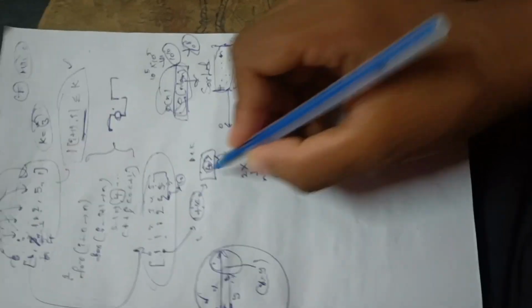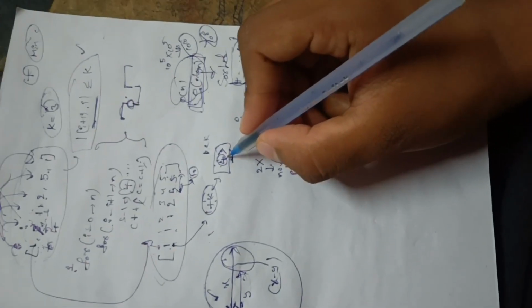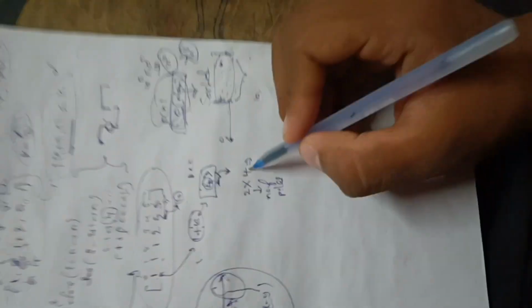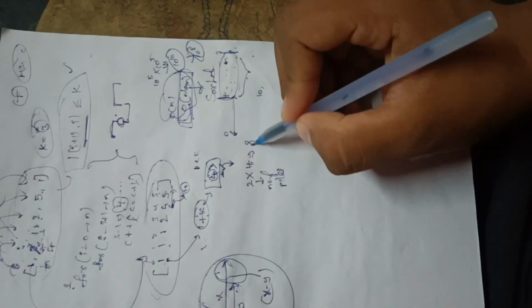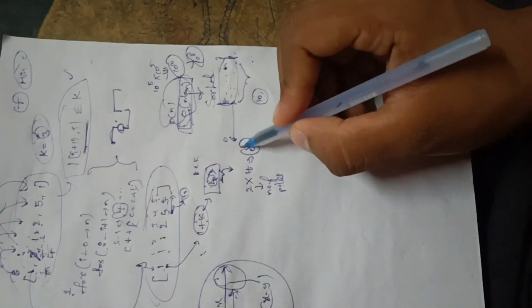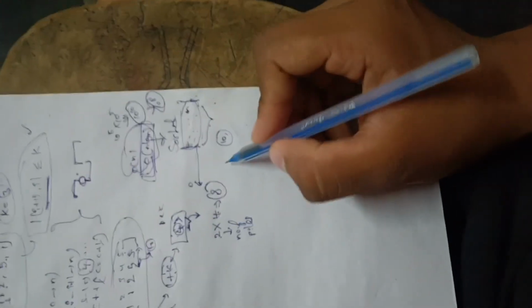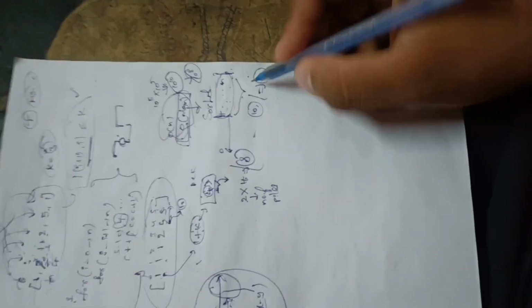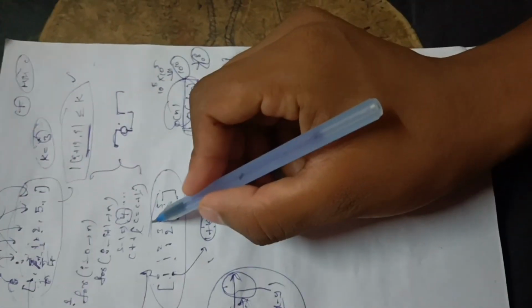Up to how many coins makes the thing satisfied? 4 for each, so 8, but I'm having 10 coins. I need only 8 coins. So how many coins do I have to remove? Simply subtract, you will get 2 coins. So in this region, you have to remove 2 coins.